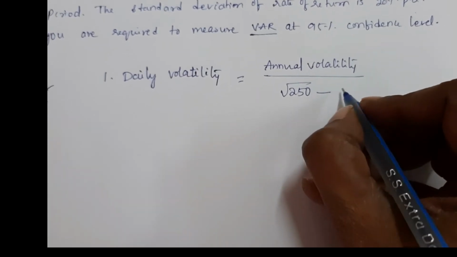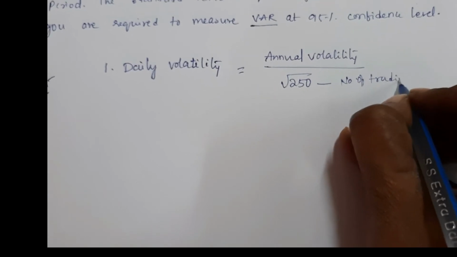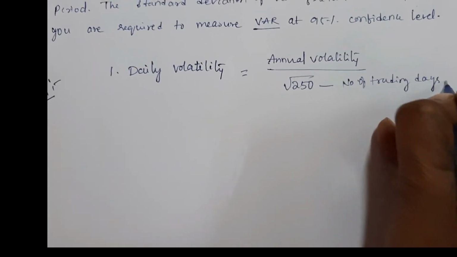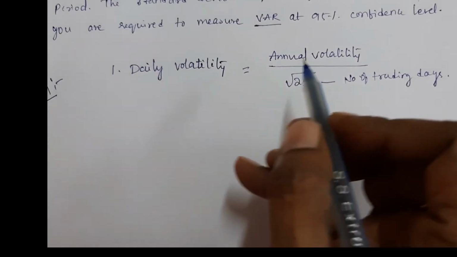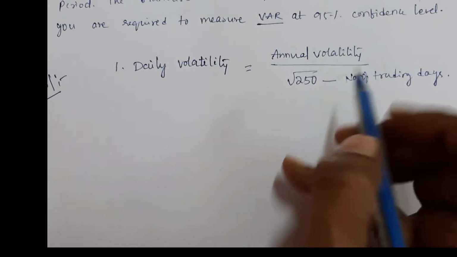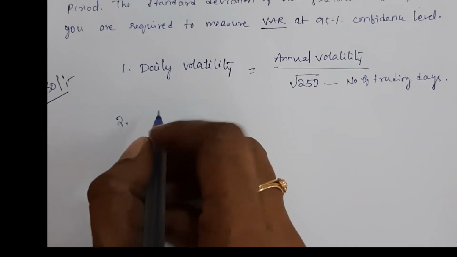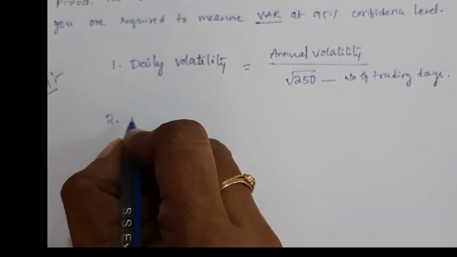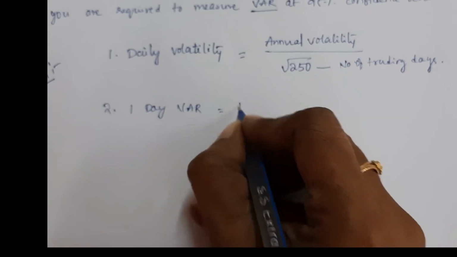So 250 will be the number of trading days in a year. After getting daily volatility, the second phase is to calculate 1 day VAR, 1 day value at risk.